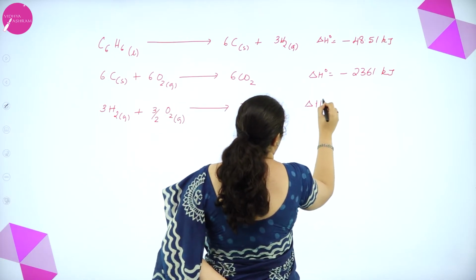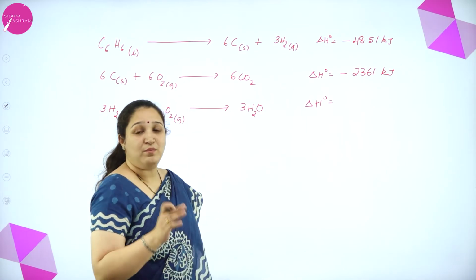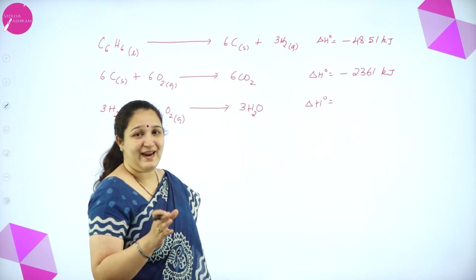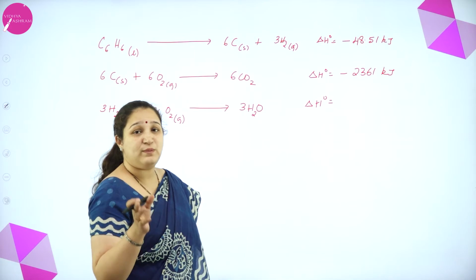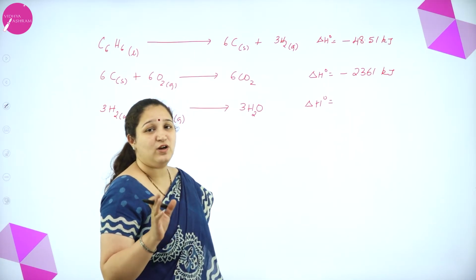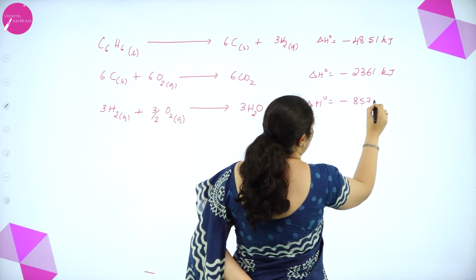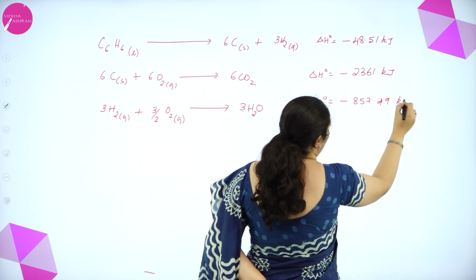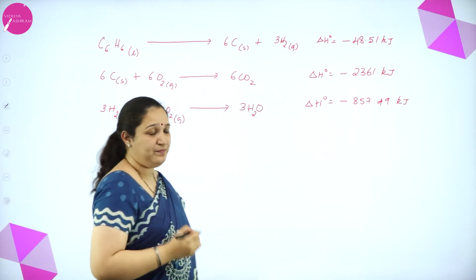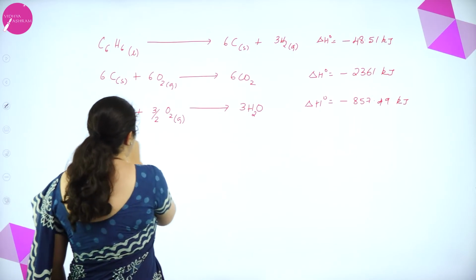And delta H naught is minus 285.83 into 3, which is equal to minus 857.49 kilojoules.